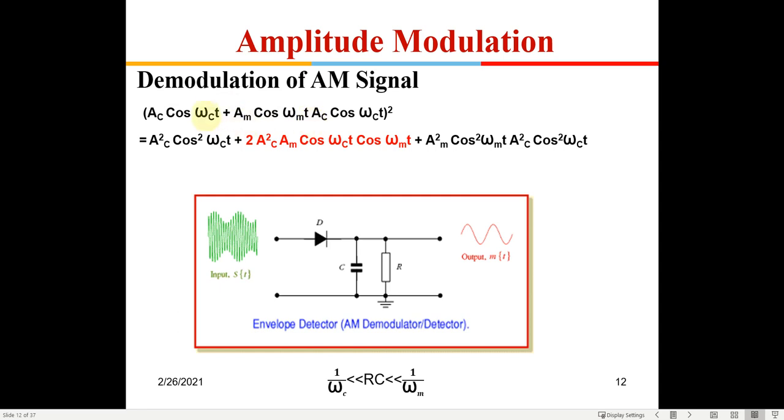That square operation will do this 2ab. It will multiply this cos omega ct with cos omega ct. Initially this cos omega ct was not there, so I was multiplying with another cos omega ct generated at the receiver end.